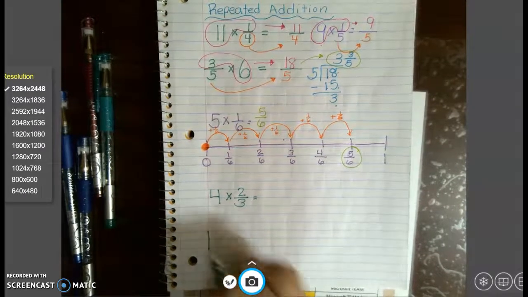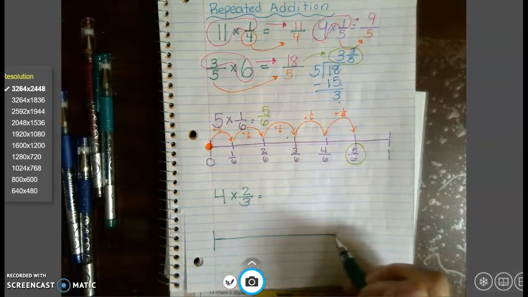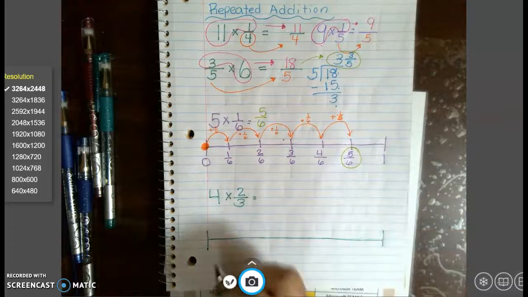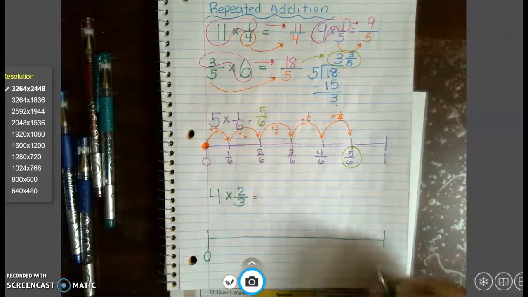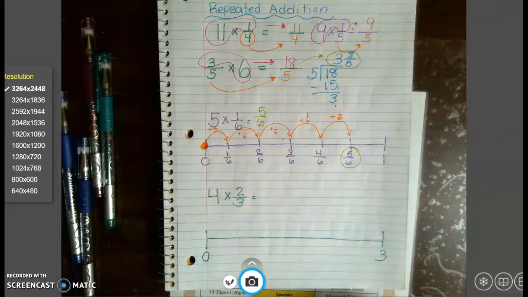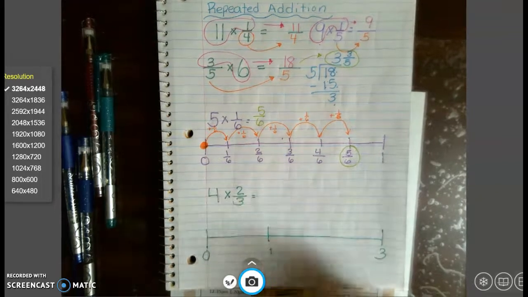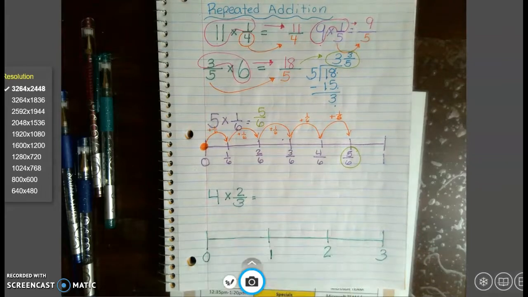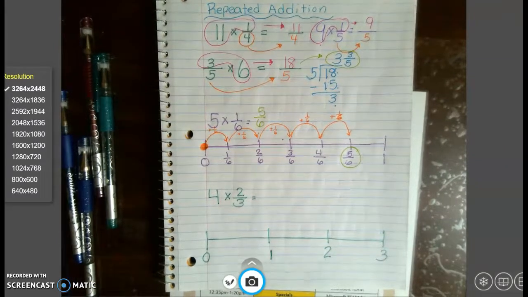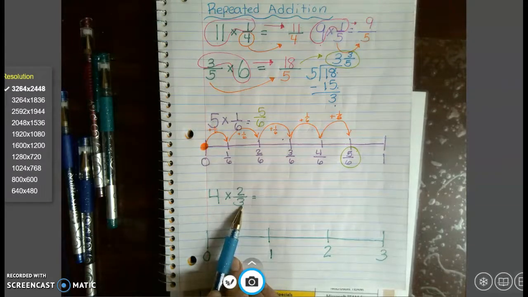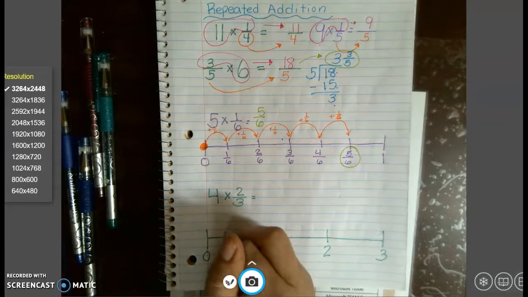So when I draw my number line, I need to make it a little bit longer in that it's going to be the same size as this, but I need to add more numbers to it. So I'm going to go from 0 to 3 this time. So these are my whole numbers. And I'm going to have my whole number 1 and my whole number 2 in here. And now let me add my fractions in a different color. I'm going to look at my denominator so I know I'm splitting up each of my whole numbers into 3 equal parts.